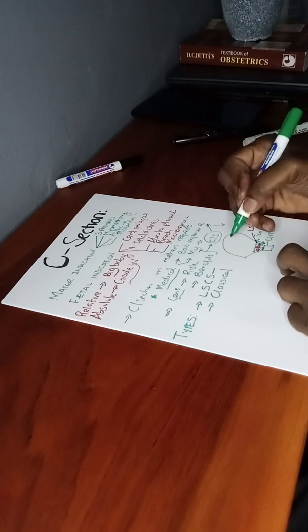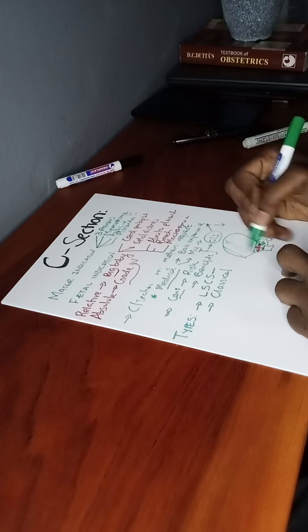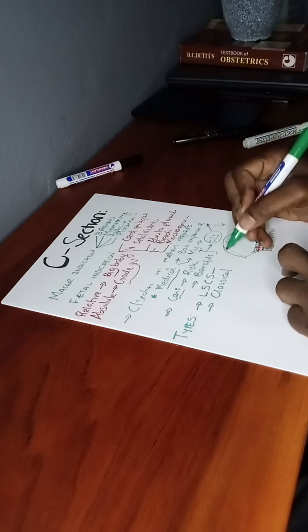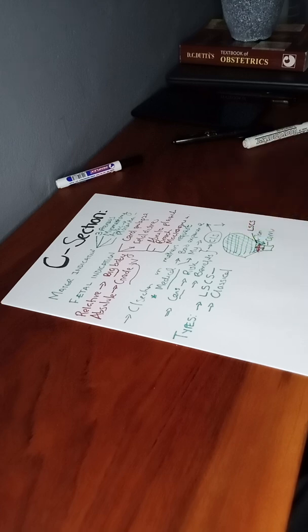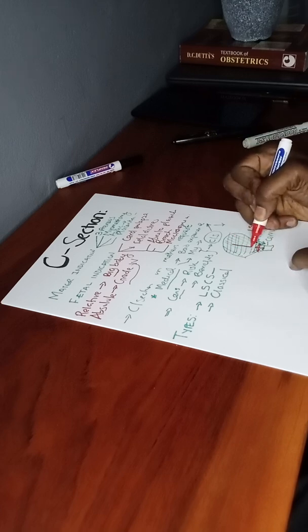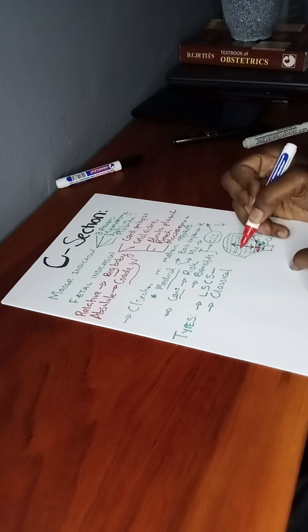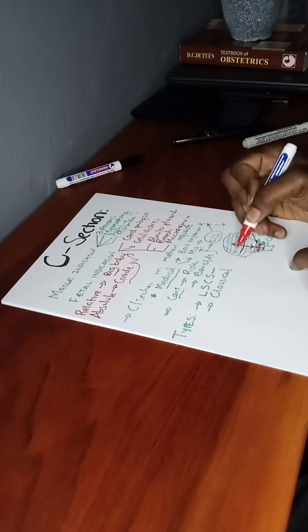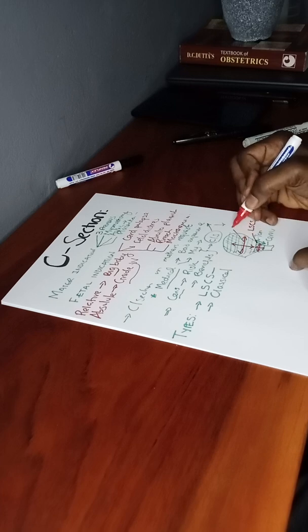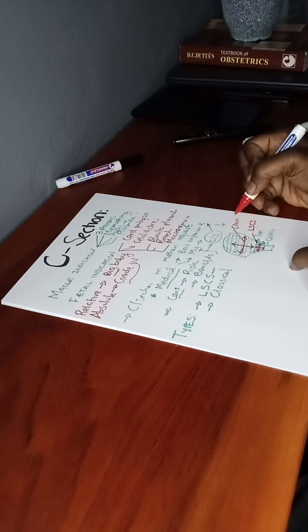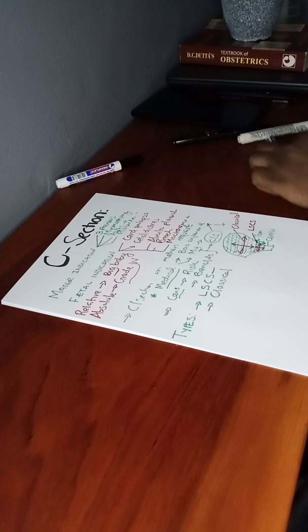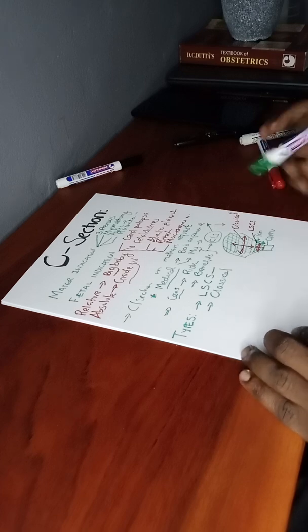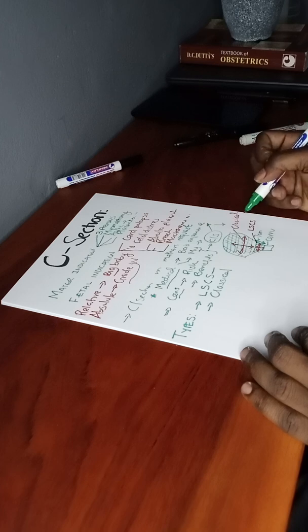If for some reason we cut in this area, whether the incision is transverse or vertical, this is what we call a classical cesarean section. So a classical cesarean section is risky because it has a high risk for rupture.